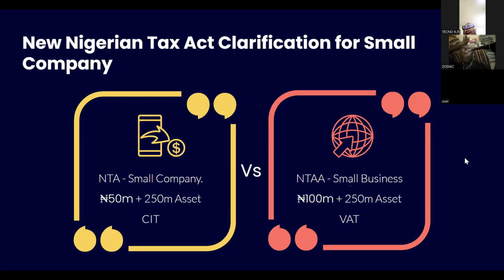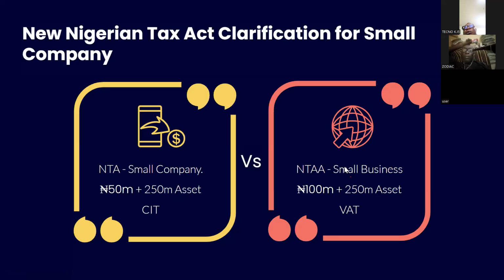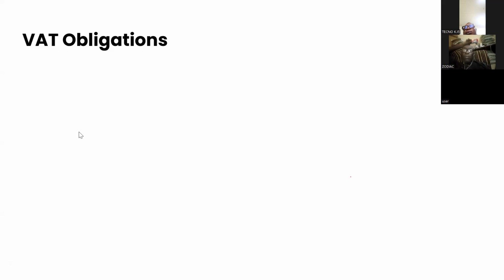All right, so let's see what the slide is saying in the next slide. So talking about VAT, when we spoke about VAT in the NTAA, let's proceed with VAT. There are different obligations, like my colleague earlier mentioned about filing VAT as a small company. Let's take for instance, you are a company offering services.